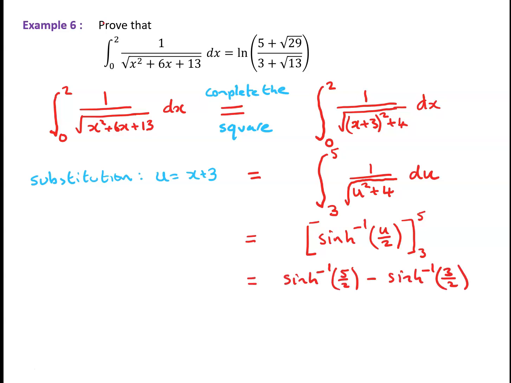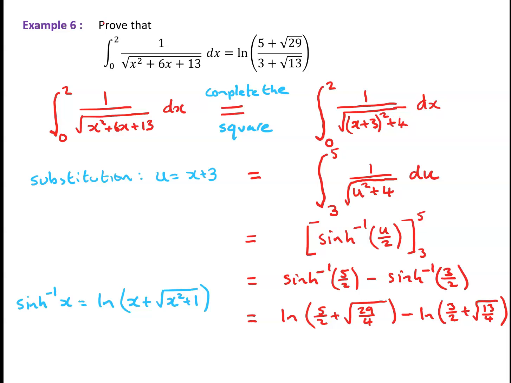Now I need to remember then that I've got sinh to the minus 1 of 5 over 2 minus sinh to the minus 1 of 3 over 2. Sinh to the minus 1 of x is the natural logarithm of x plus the square root of x squared plus 1. So what we've now got is the natural logarithm of 5 over 2 plus root 29 over 4, take away the natural logarithm of 3 over 2 plus root 13 over 4.